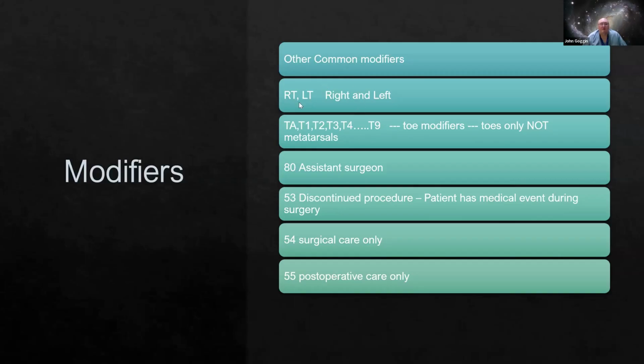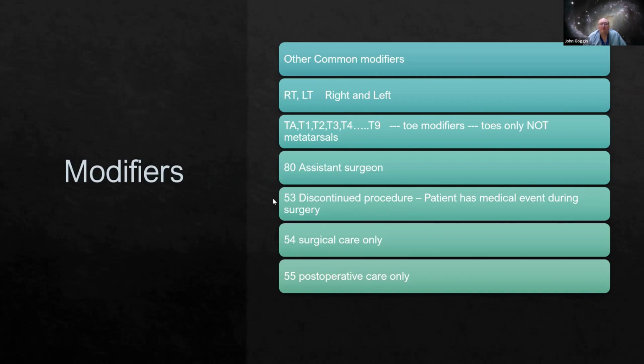Some other common modifiers: left and right. There are modifiers for all of the toes, but not metatarsals, unfortunately. This does complicate things when you have procedures on multiple metatarsals. 80 is for an assistant surgeon. Again, there are only certain procedures that you're allowed to bill for an assistant, but when you are, you bill the same procedure code as the primary code with an 80 under the assistant's NPI and provider number. 53 is a discontinued procedure, so the patient had a medical event during surgery.